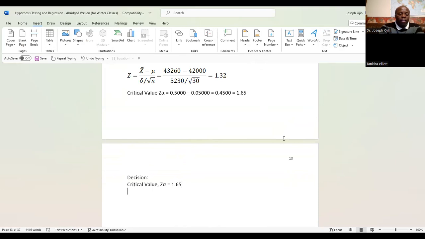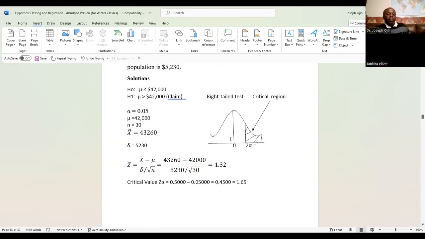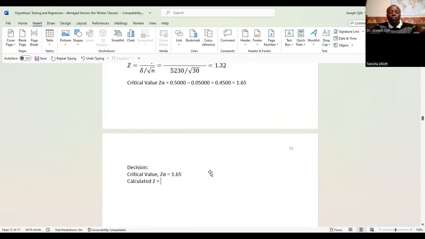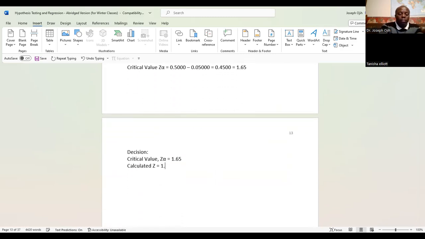Then the calculated Z value, which is our answer from the calculation, is 1.32. So what will be our decision in this case?